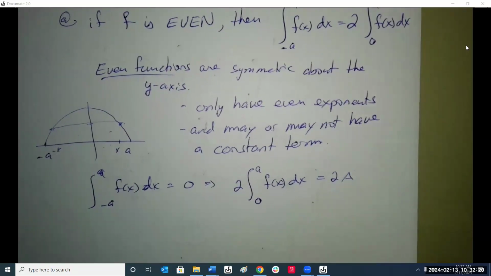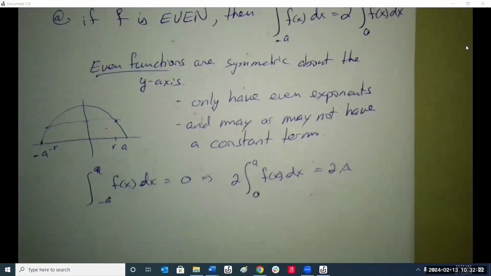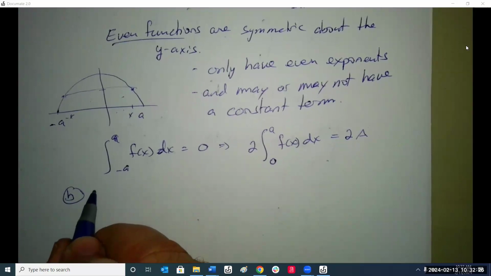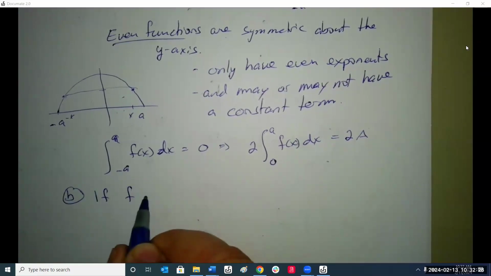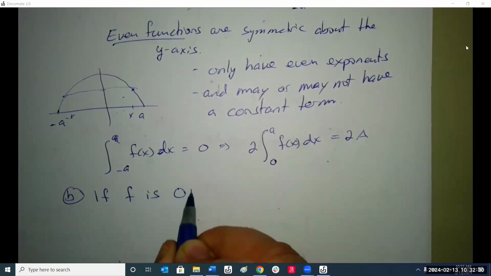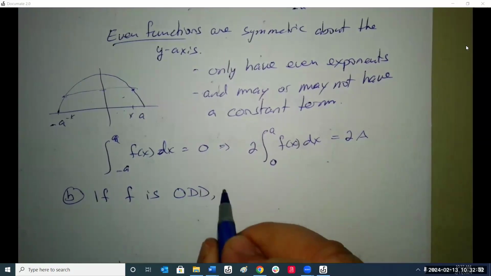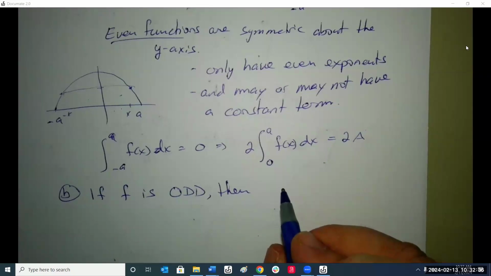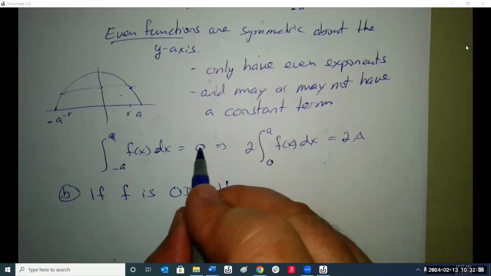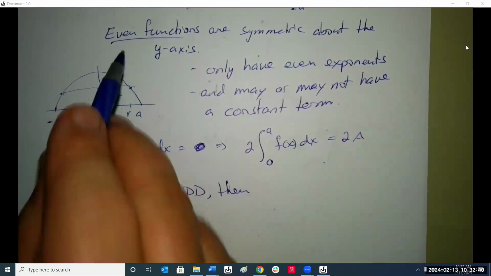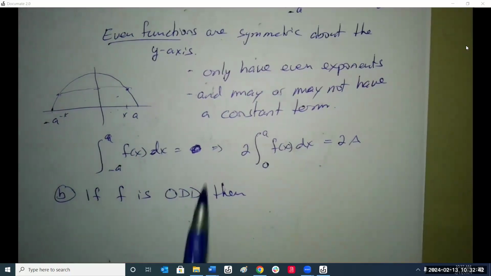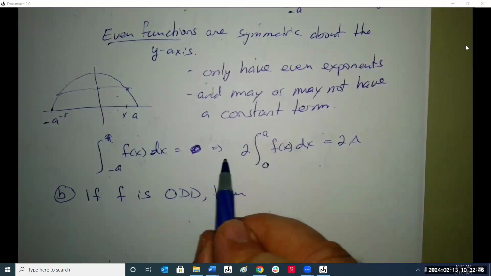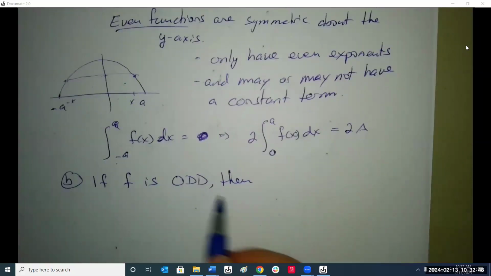All right. So that's part A. Part B, if f is an odd function, what's going to be here is to give us twice that distance.